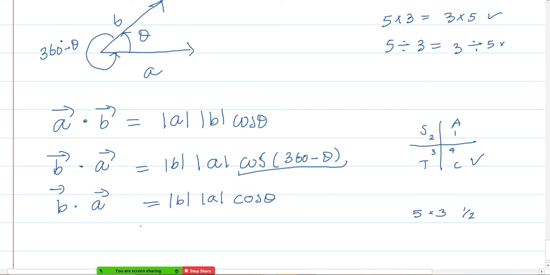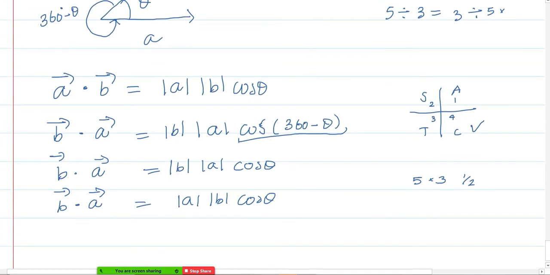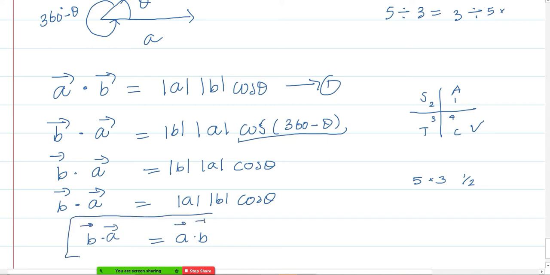So you can write B vector dot A vector as mod A mod B cos theta. You can reverse it. According to the definition, this is just A dot B. So B dot A would be the same as A dot B. So the scalar product of two vectors satisfies the commutative property.